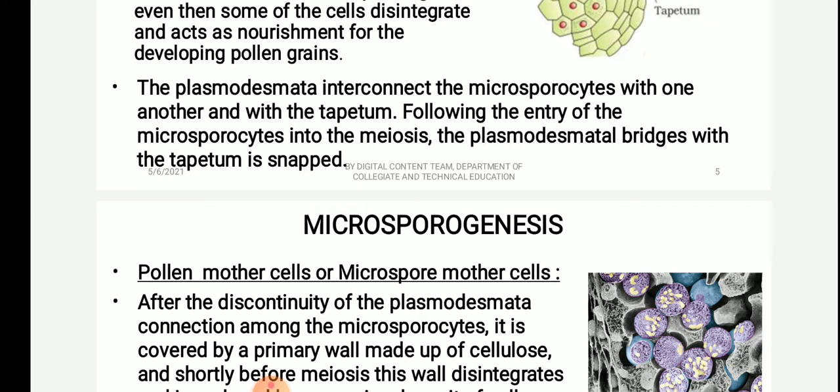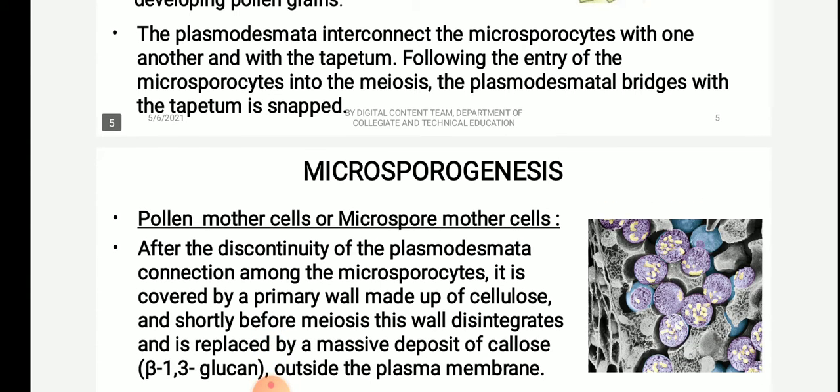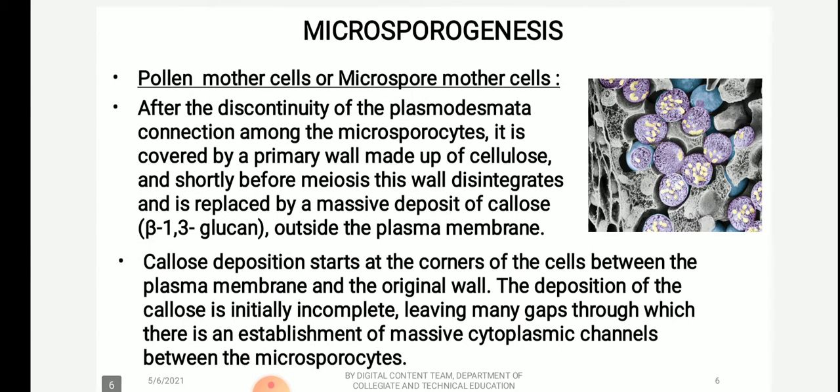But following the entry of the pollen mother cells into meiosis, the plasmodesmatal bridges with the tapetum will be snapped or broken. So remember that when the pollen mother cell starts entering into meiosis, the plasmodesmatal connection with the tapetum will be snapped.